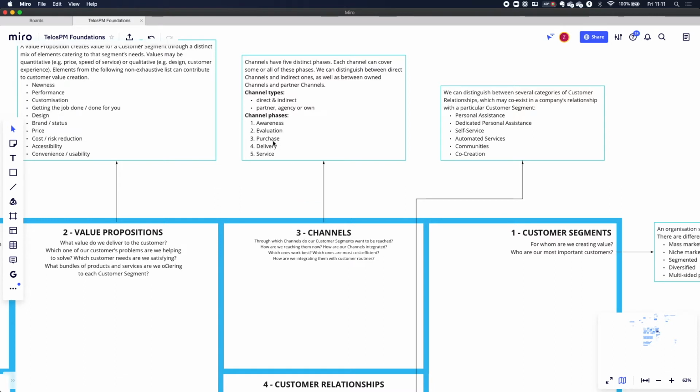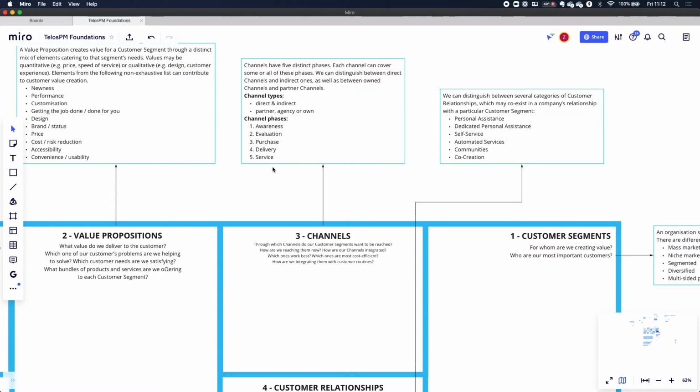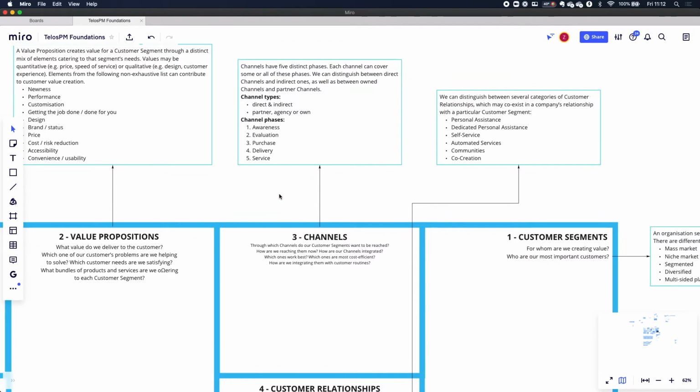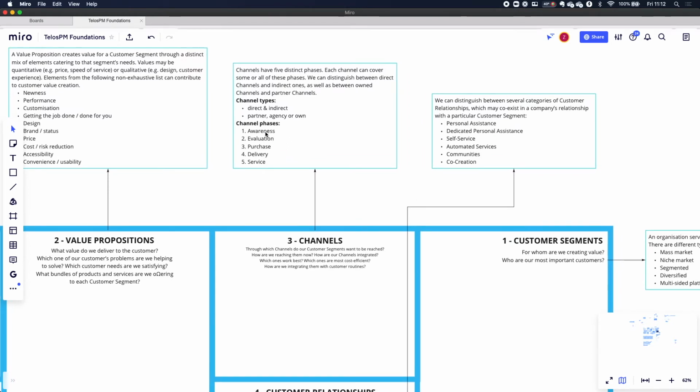The purchase, so how are they going to purchase, whether it's online or face-to-face. The delivery, so once you've got a product or service, how is the value delivered to them? And then service, so after-sales service. Once you've made the sale, how can the customer ask more questions? If there's a problem, what can they do? If you think about those 5 phases that a customer has to go through with value delivery as part of a product system, you can start to think about the different channels for each one of those.